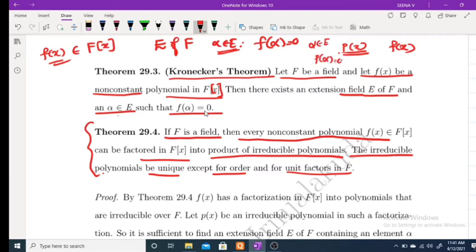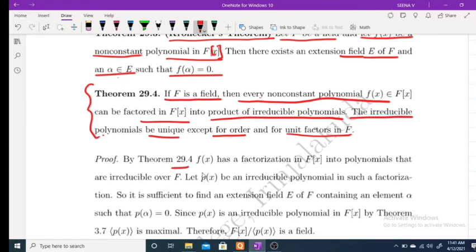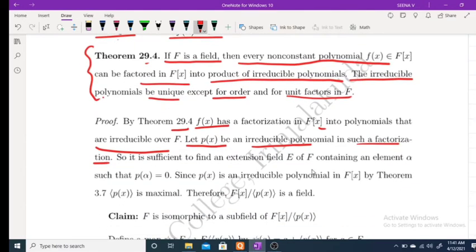I am repeating: by this theorem, our non-constant polynomial f(x) can be factored into a product of irreducible polynomials, and let p(x) be one of the polynomials in such a factorization. So it is sufficient to find an extension field E of F containing an element alpha such that p(alpha) equals 0.